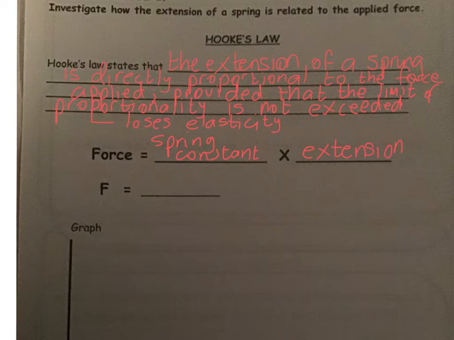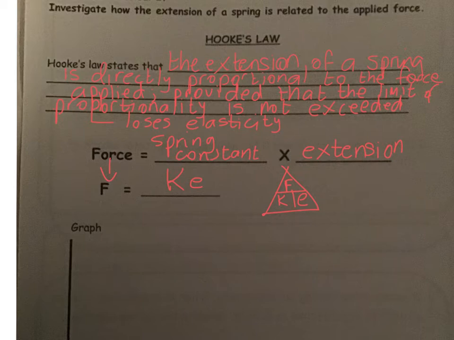The force is F, the spring constant is always given the symbol k, and it is multiplied by the extension, which is e. That gives us a little triangle to learn: force equals k times e.